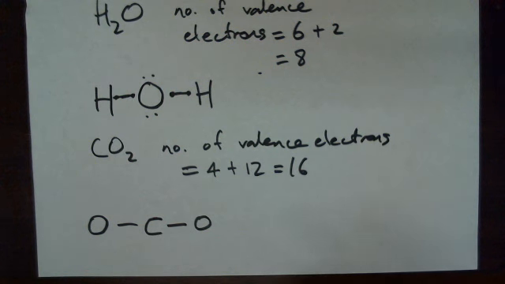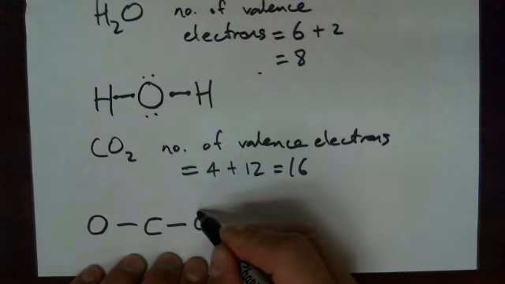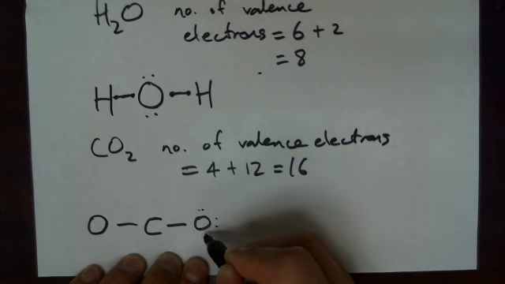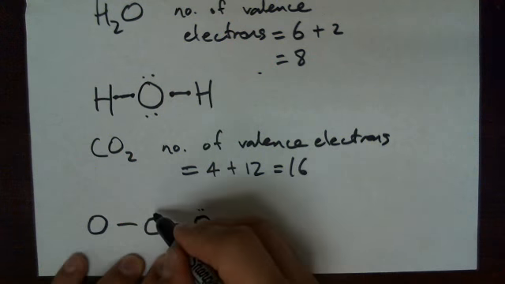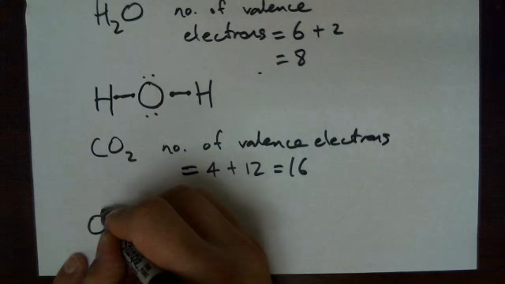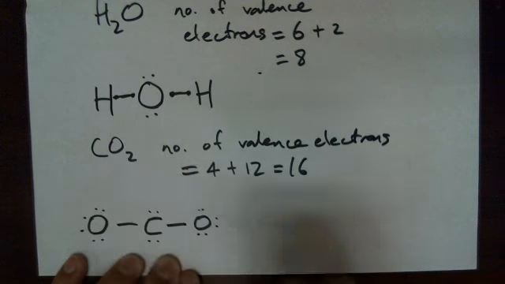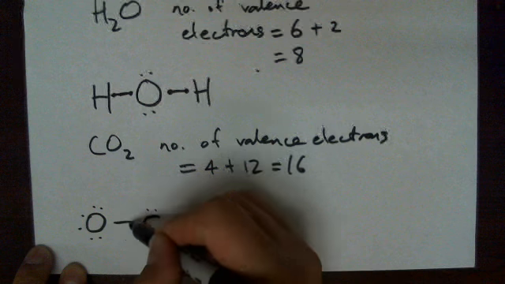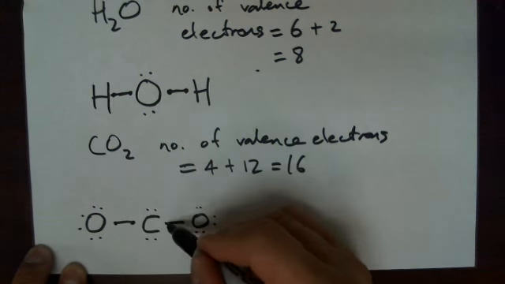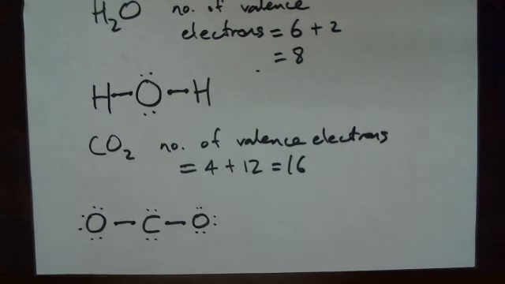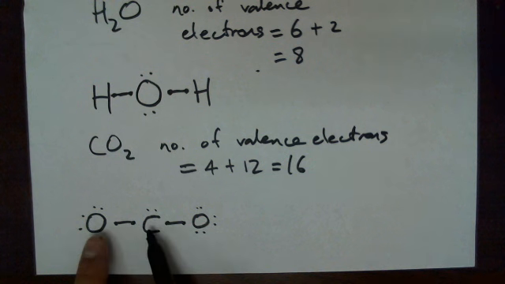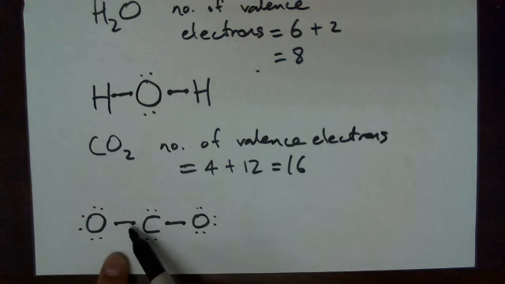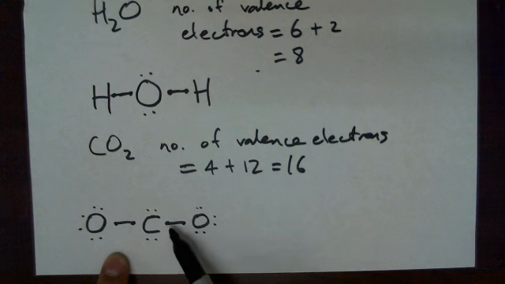Then we go ahead and give everything 8 electrons, and then we check. So everything's got 8 electrons, because in covalent bonding, each bond is shared electrons. So the carbon is going to count these 2 electrons from this bond as its own, and these 2 electrons from this bond as its own.